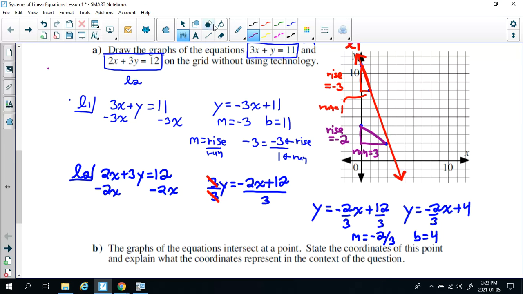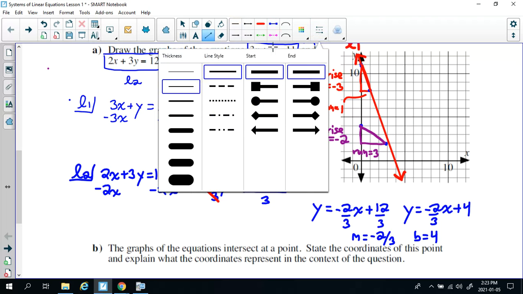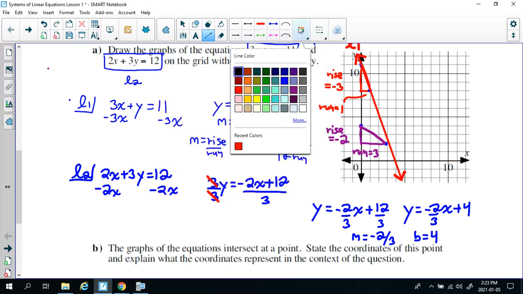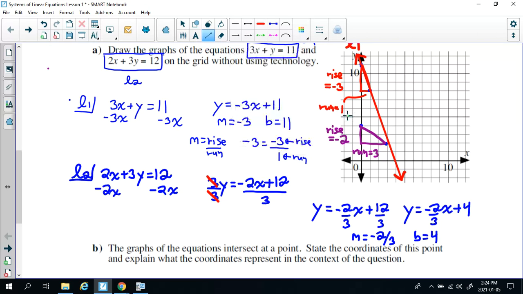Okay, now we'll plot a straight line. So I'll grab a line here. And let's do green. Okay, so I'll try to make it go through these points as best as I can.